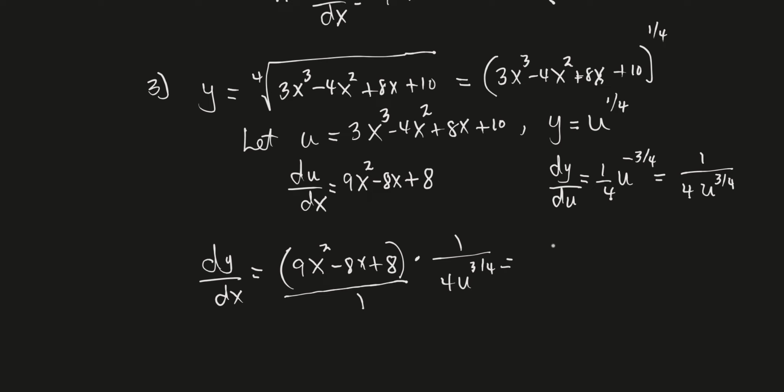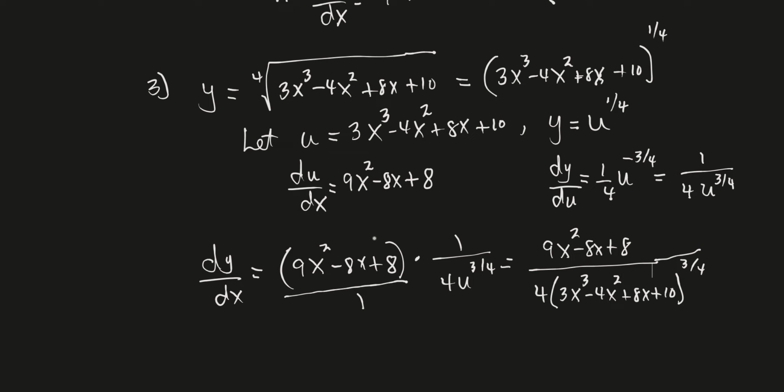So in the top, I will have 9x squared minus 8x plus 8, and it's all over my 4. And now, wherever there's a u, I have to plug this long expression back in, right? The 3x cubed minus 4x squared plus 8x plus 10, and that's all to the 3/4 power.